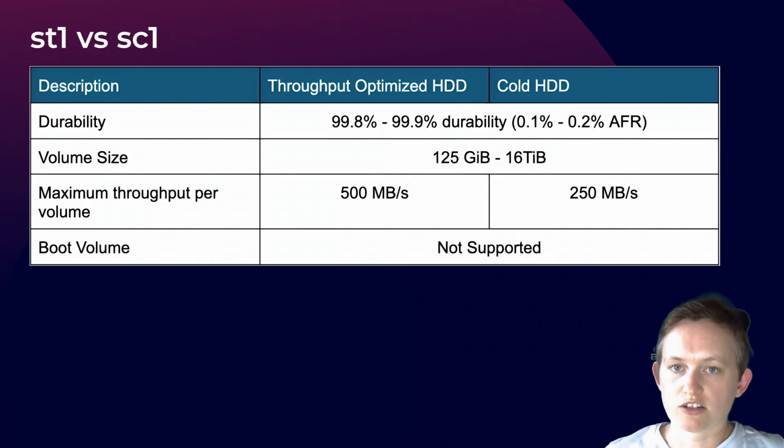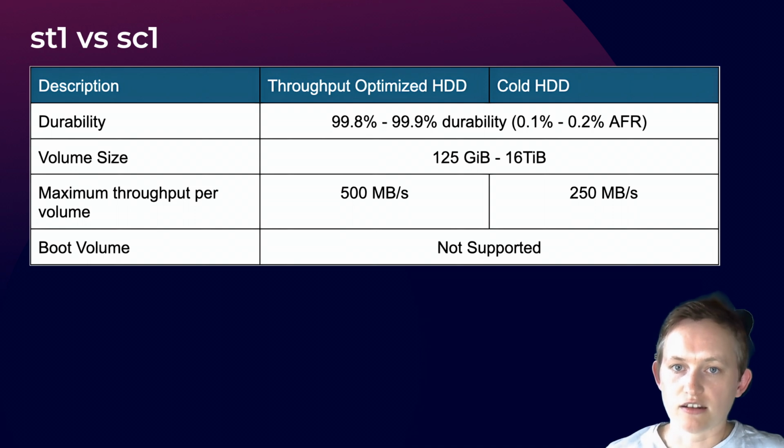With your cold HDD volumes, your SC1, they're designed for less frequently accessed workloads. So this would be your log archiving. And again, you're going to be able to size that volume anywhere from 125 gigs all the way up to 16 terabytes. The maximum throughput that your SC1 volume is going to provide is 250 megabytes.